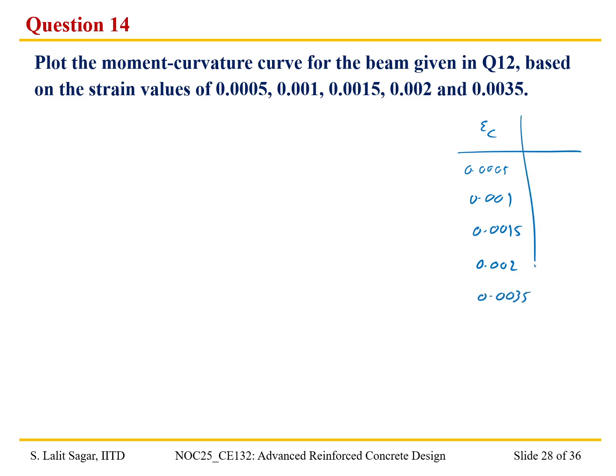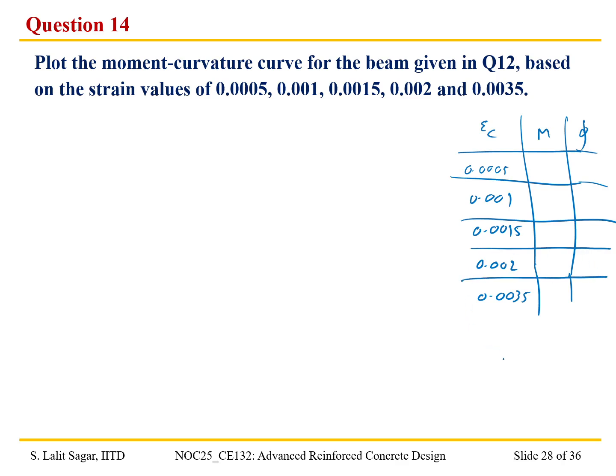Then we need to determine the values of M and phi. Once we obtain the values of M and phi, we need to plot the moment curvature curves, or the moment curvature plots.